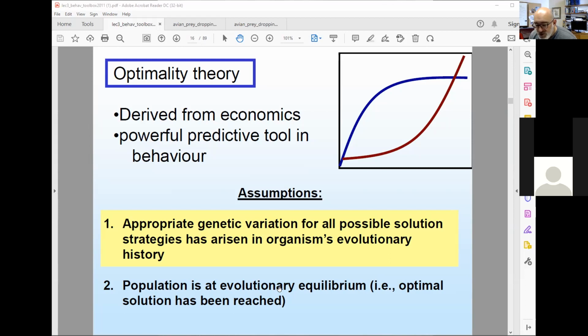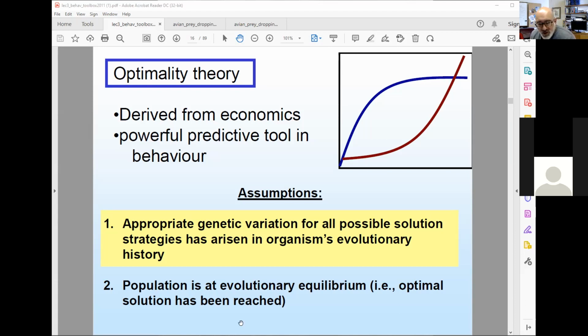Okay, so this sort of optimal solution for a particular behavioral problem is possible. And so we assume that there's genetic variation over the course of the organism's evolutionary history that would allow for all of these possible solutions to occur. That is, that there aren't any constraints on the evolution of these optimal solutions, if you will.